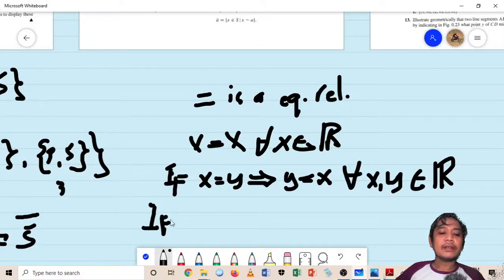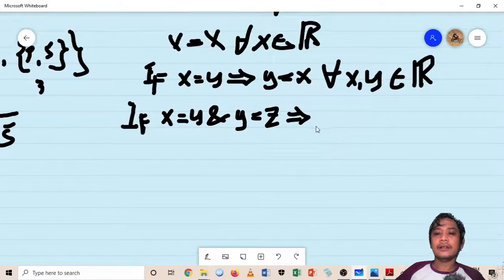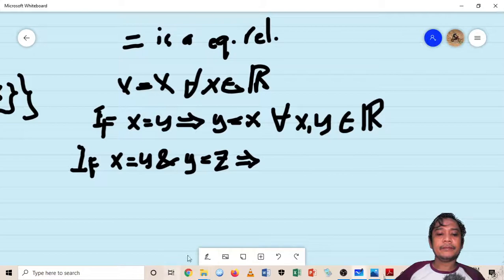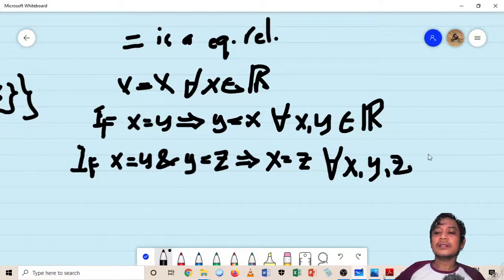If x equals y and at the same time y is equal to z, it should follow that x is equal to z for whatever elements x, y, and z there are.